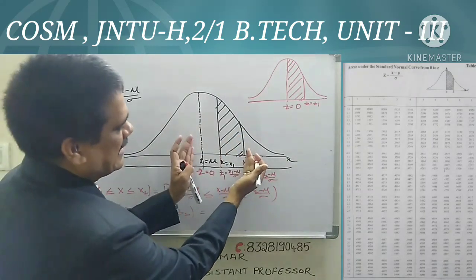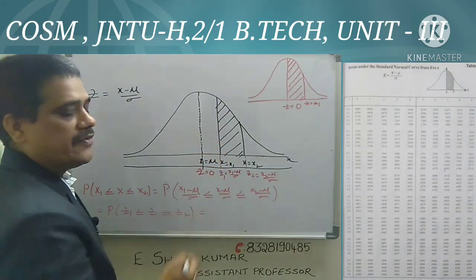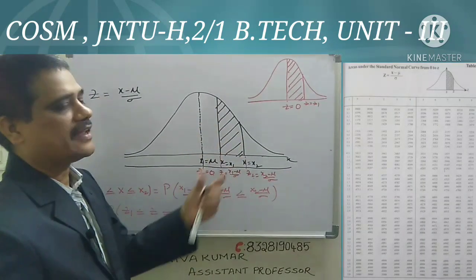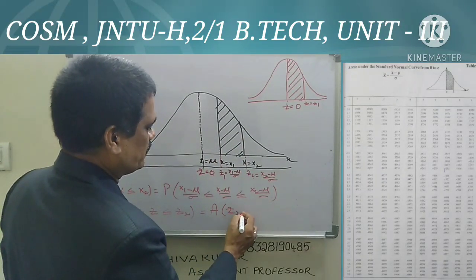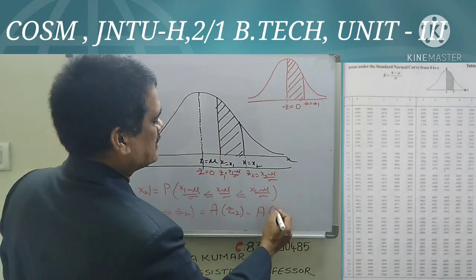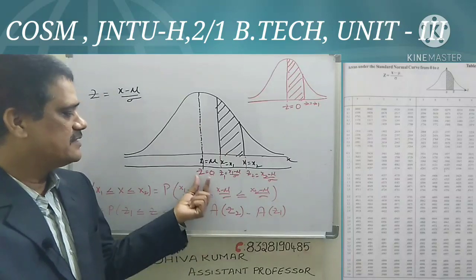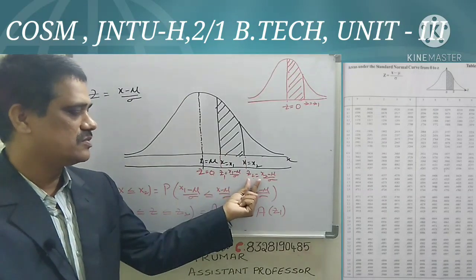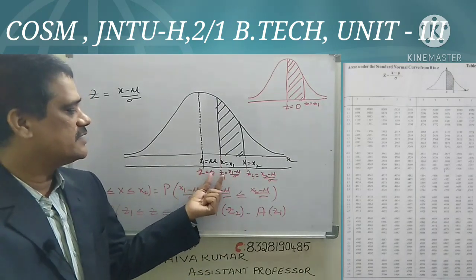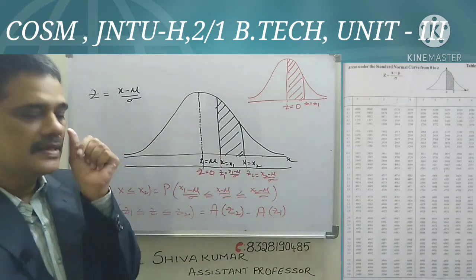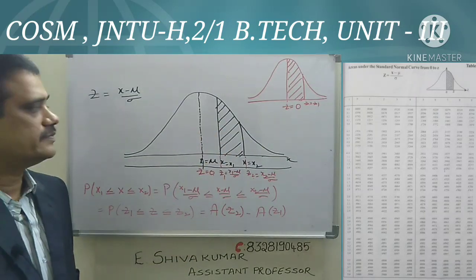That means this area minus this plain area, if you remove, then you will get this area. That means I can write A of z2 minus A of z1. That means area from z is equal to 0 to z is equal to z2 minus area from z is equal to 0 to z is equal to z1.